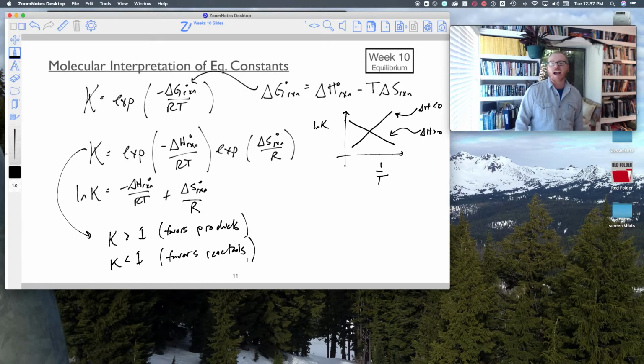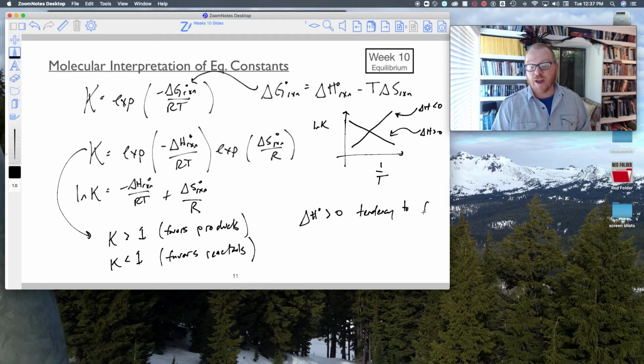So what can we say about the delta H and the delta S in light of these two conditions? Well, if we have a delta H greater than 0, what does all of that give us? Well, a delta H greater than 0 means that this exponential is going to be negative, and the exponential of a negative quantity is less than 1. So a delta H that's greater than 0 has a tendency to favor reactants.